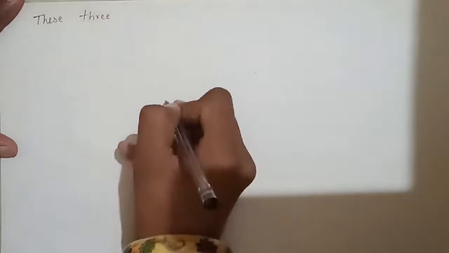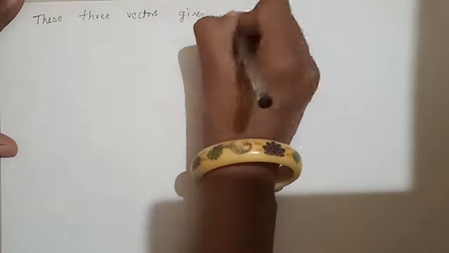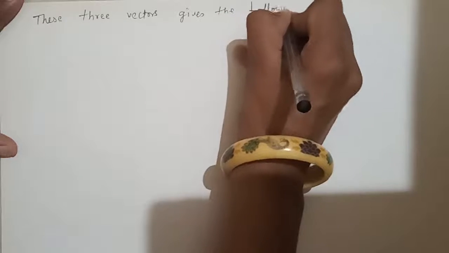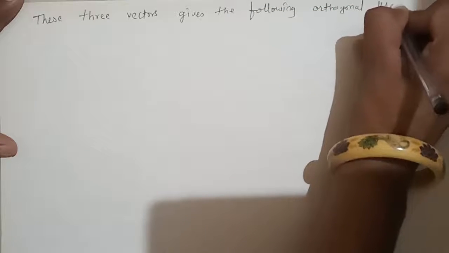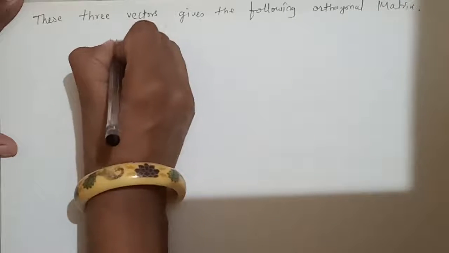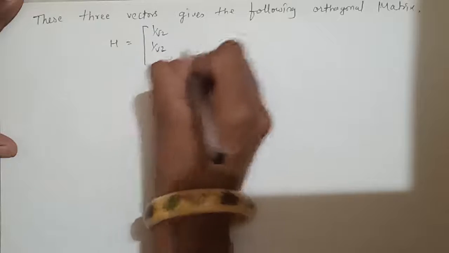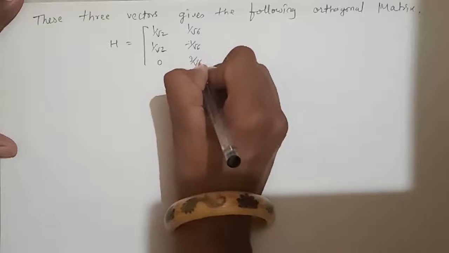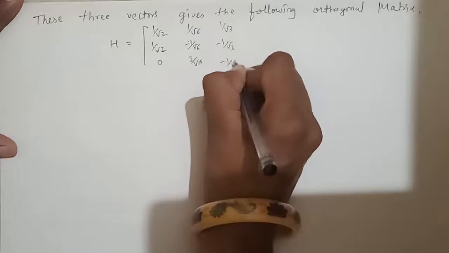Now these three vectors give the following orthogonal matrix. So we can write H is equal to 1 by root 2, 1 by root 2, 0; 1 by root 6, minus 1 by root 6, 2 by root 6; 1 by root 3, minus 1 by root 3, minus 1 by root 3.